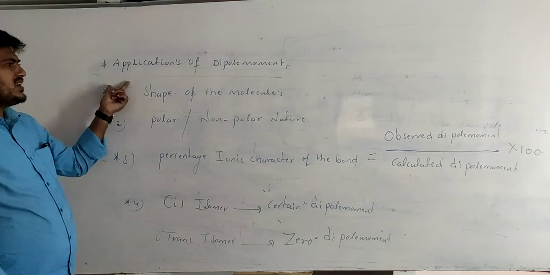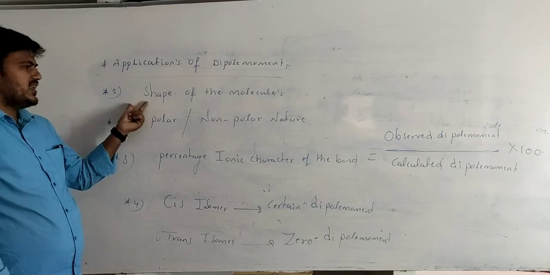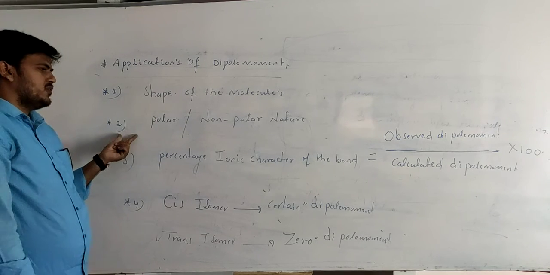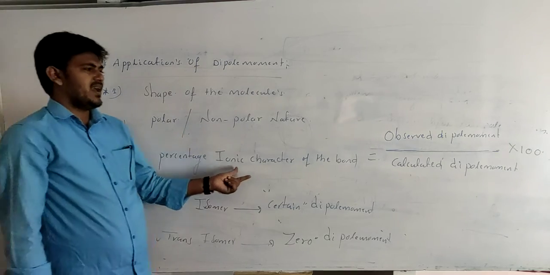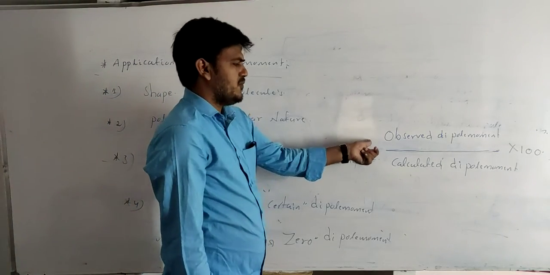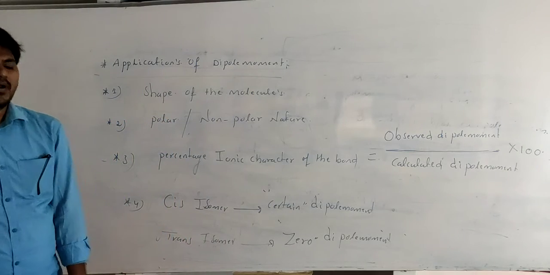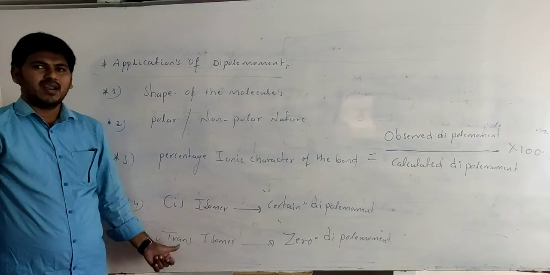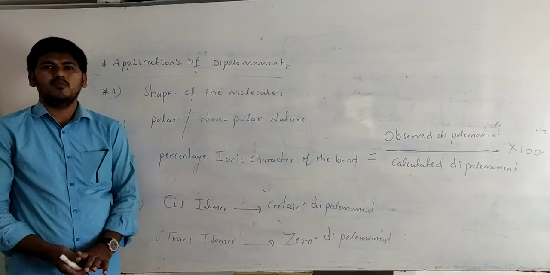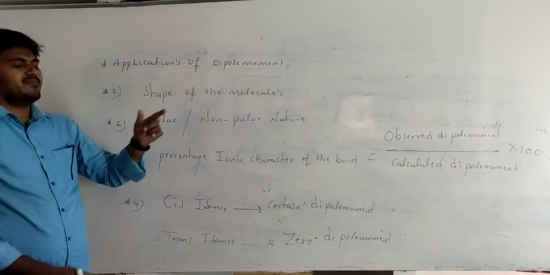Next, applications of dipole moment: to predict the shape of the molecules; to predict the polar and non-polar nature of the molecules; percentage ionic character of the bond is equal to observed dipole moment by calculated dipole moment into 100; cis isomer has a certain dipole moment, trans isomer has zero dipole moment.